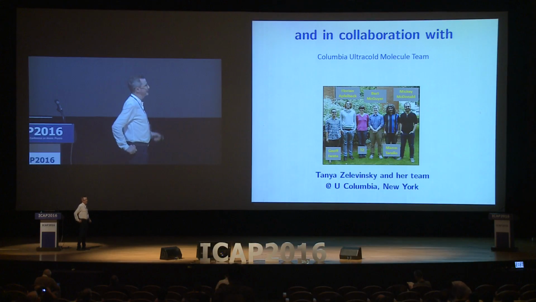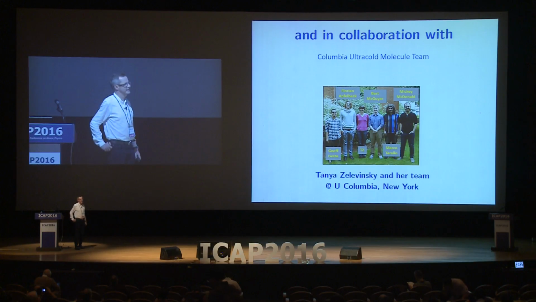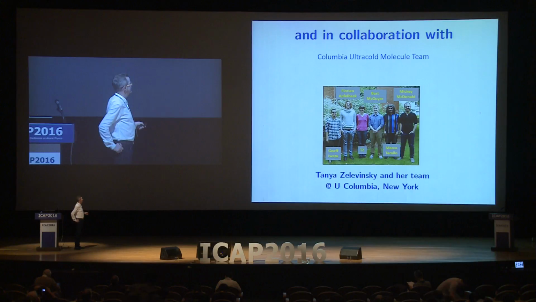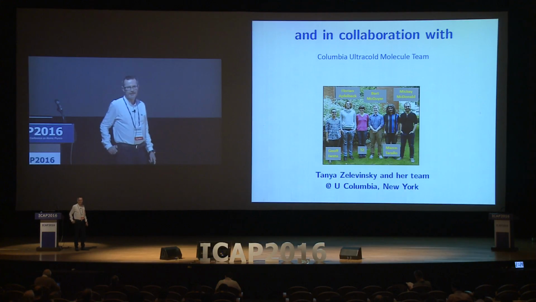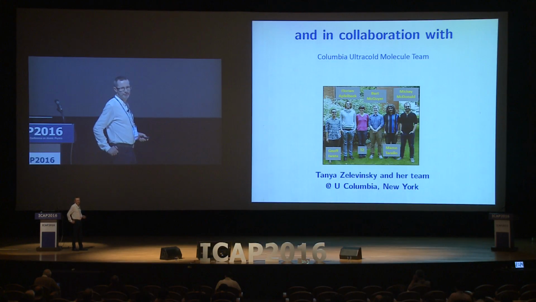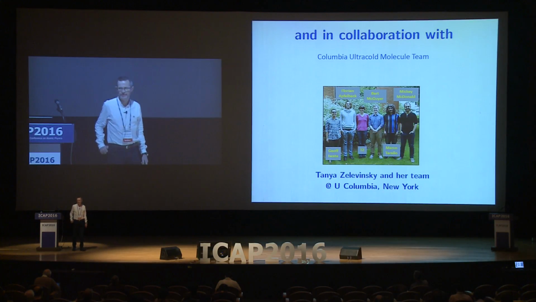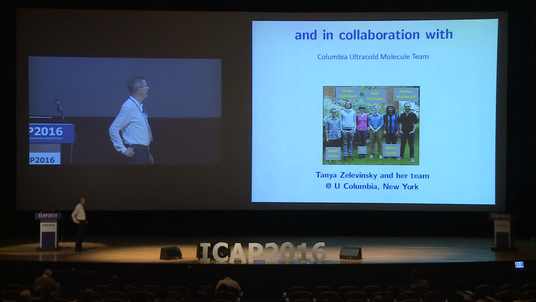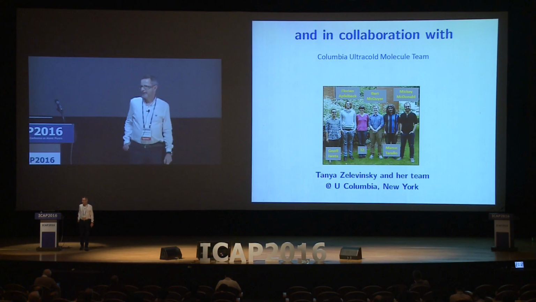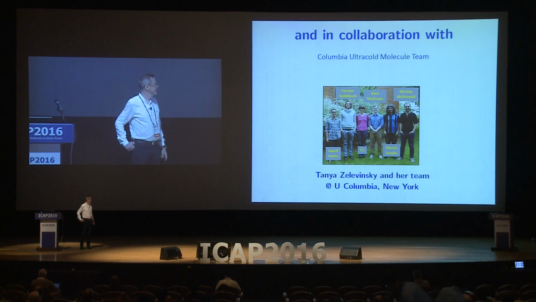This is the Columbia ultra-cold molecule team led by Tania Zalewiński, the boss of the group. Two people contributed most to the work I will present: Bart McGuire, a postdoc who just left the Z-Lab, and Mickey McDonald, who will leave the lab by the end of the month.